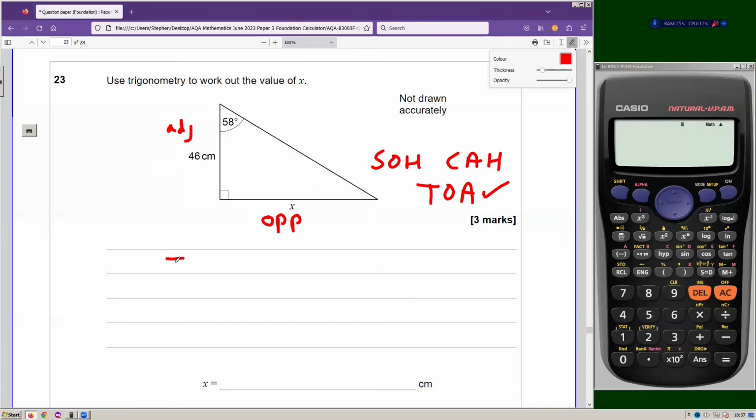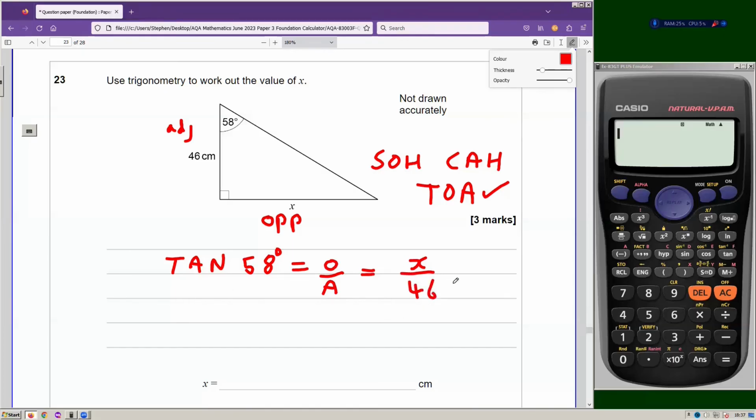Okay, so we can say that tan 58 degrees equals the opposite over the adjacent. I'll show it like this to start with, O over A, which equals, we put in what we know. We don't know x, but we do know the adjacent, which is 46.